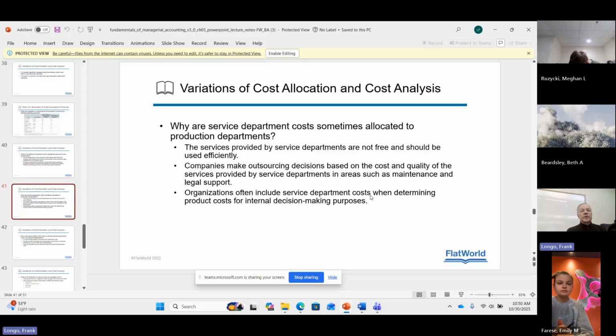So some managers will want that included in overhead. So why overhead? Because you can't run the business without that service, but it's not direct in making the product.